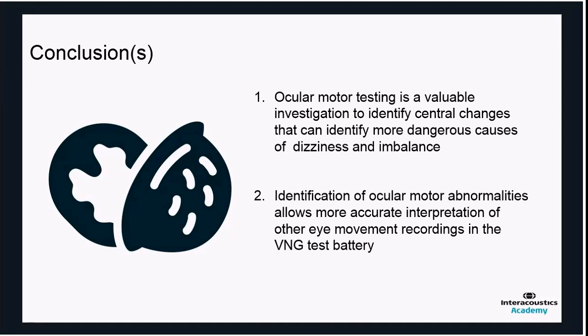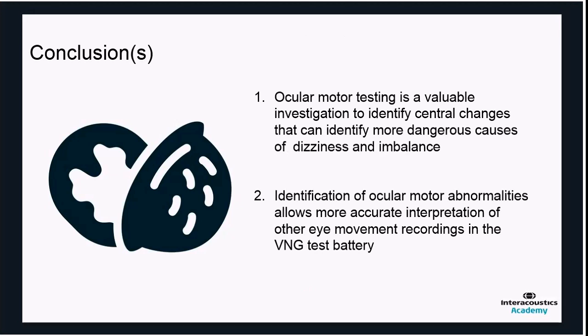The VNG test battery, as we know, very much relies on us establishing peripheral function and positioning changing symptoms in relation to eye movements. So an impairment within the oculomotor or gaze stability can have influences on the VNG recordings that we may then use further in the test battery.